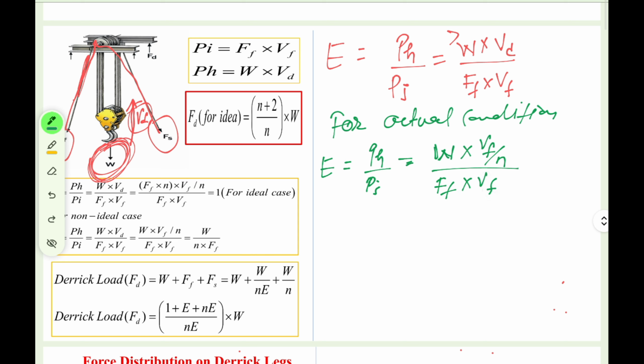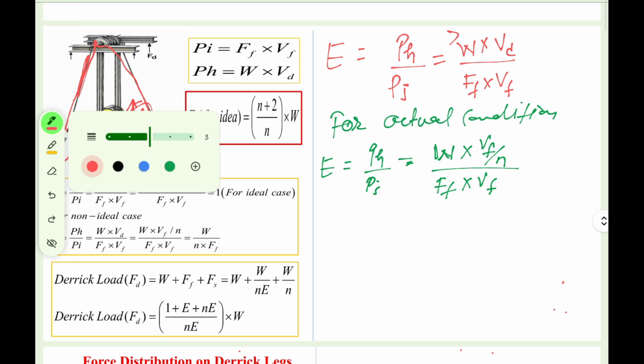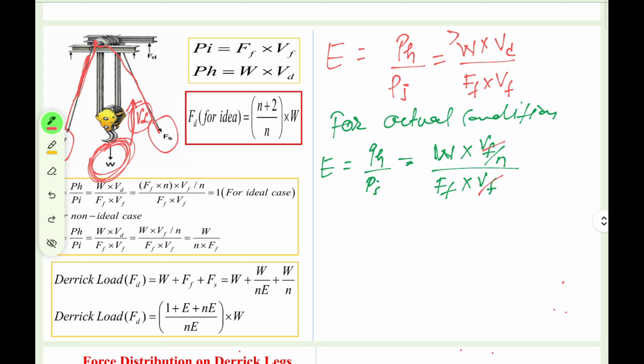So now this Vf and Vf will cancel out, and you will come out with a beautiful expression. That expression will be W by N by Ff, right?